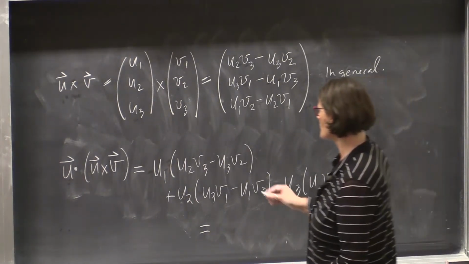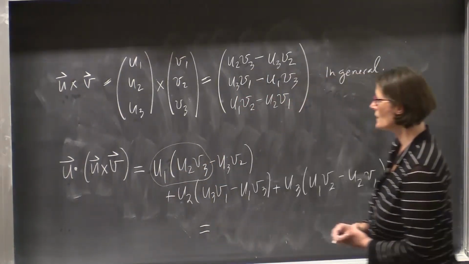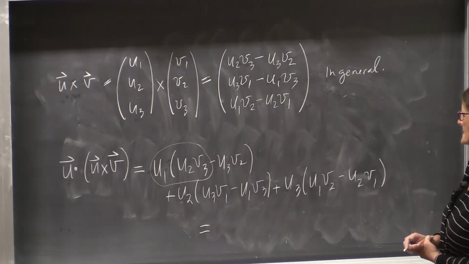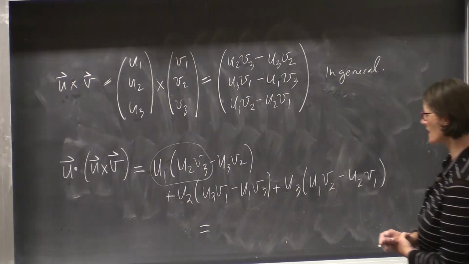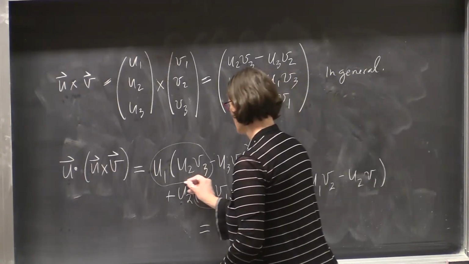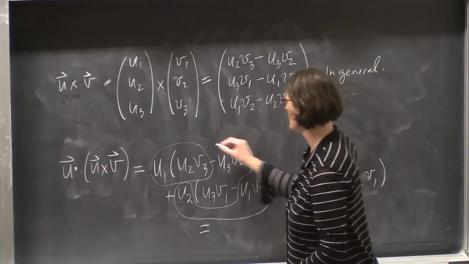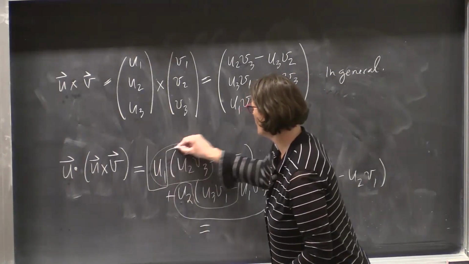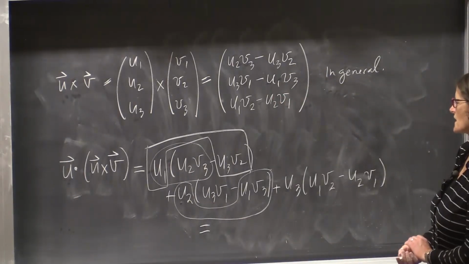So let's look at this term. u1, u2, v3. Where does that get knocked out? In the second term, I have u2, u1, v3. So that's gone. Here I have u1, u3, v2 with a minus sign.